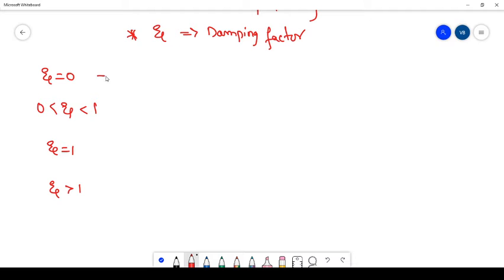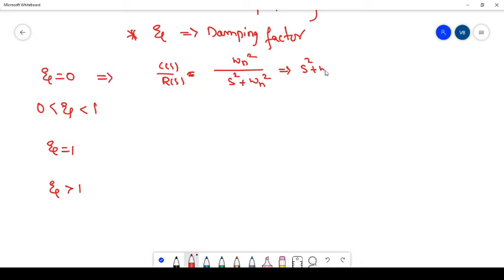If zeta is equal to 0, you substitute that, then what do you get? C of S by R of S equals omega n square by, the entire second term will become 0, that is S square plus omega n square. So what are the roots? How are we going to calculate the roots? You have to equate the denominator to 0.